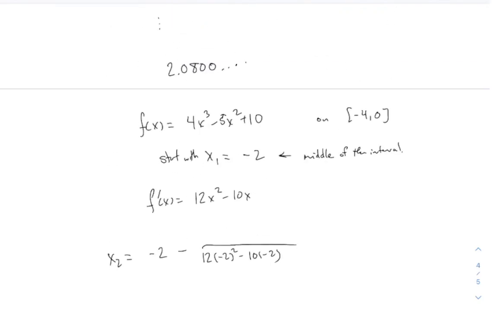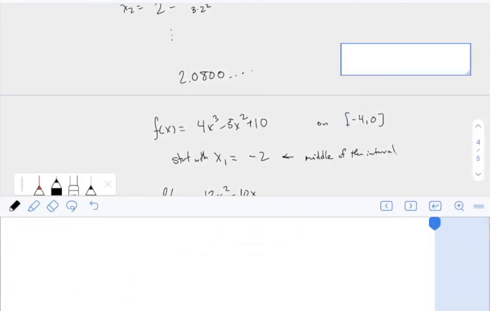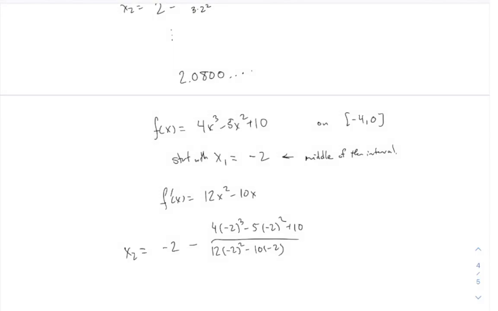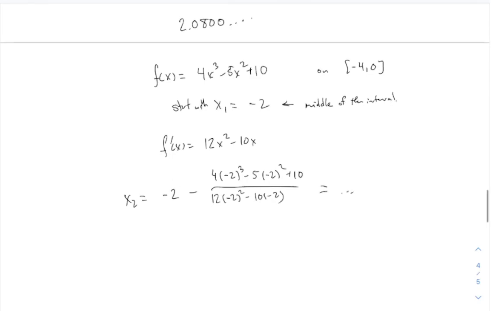And then the top was 4 times x cubed minus 5 times x squared plus 10, like that. All right, so that would have been x2, whatever that is. I didn't type this into my calculator. And then x3. I said specifically just to go to x3, so plug it in once more to your calculator. All right.